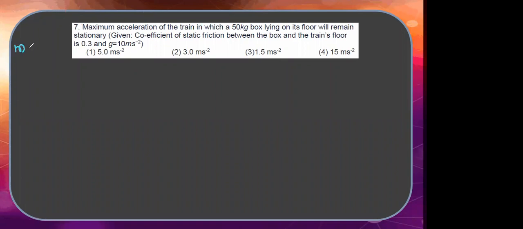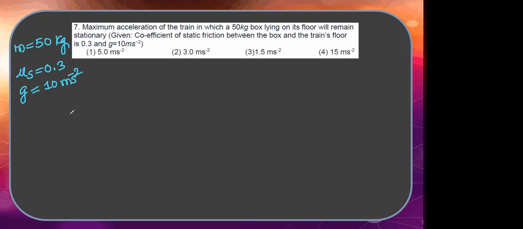Mass is given as 50 kg. The coefficient of static friction between the box and the train floor is mu s equal to 0.3. Acceleration due to gravity g is equal to 10 meters per second square.